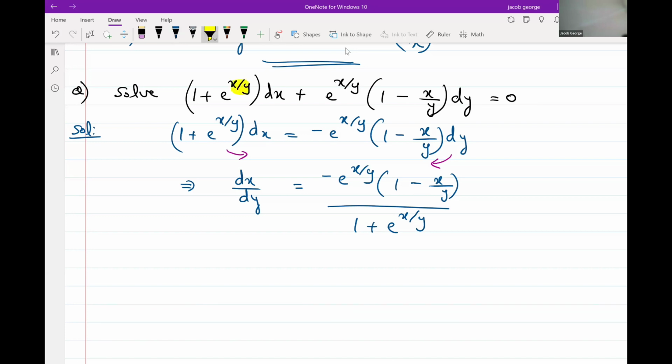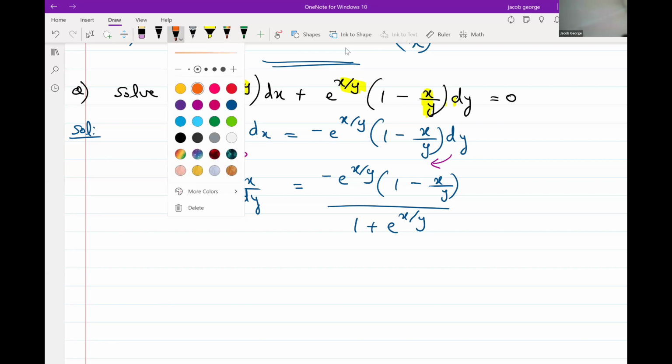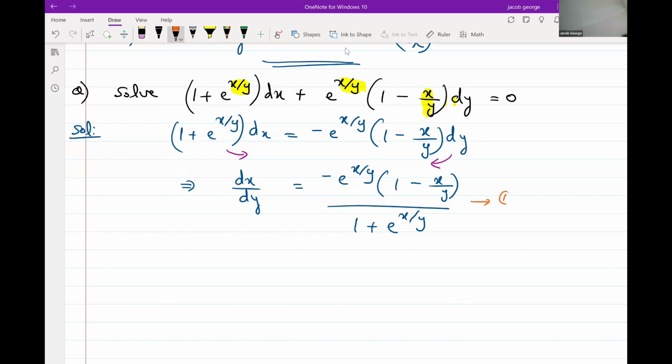Can you see x by y here? Because of that x by y, we apply type 2. So this is a homogeneous differential equation. So equation number 1 is a homogeneous differential equation of type 2.